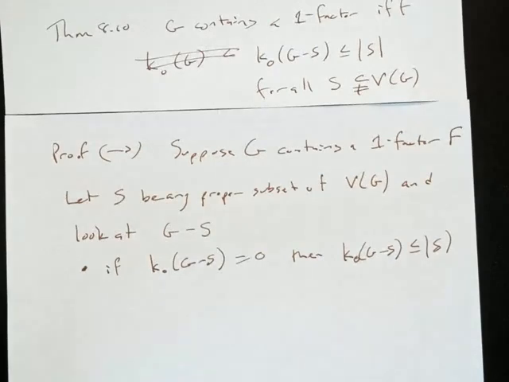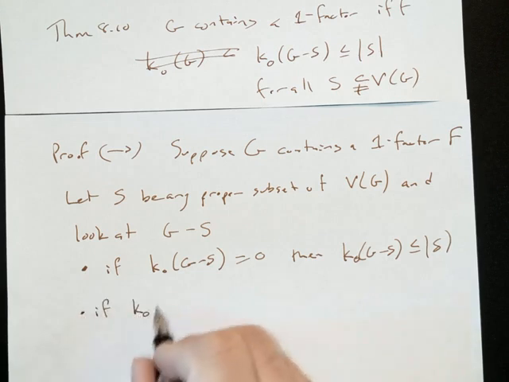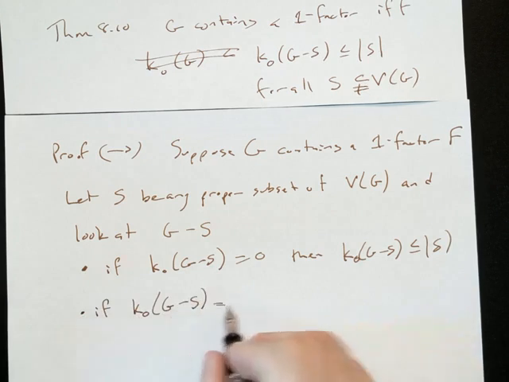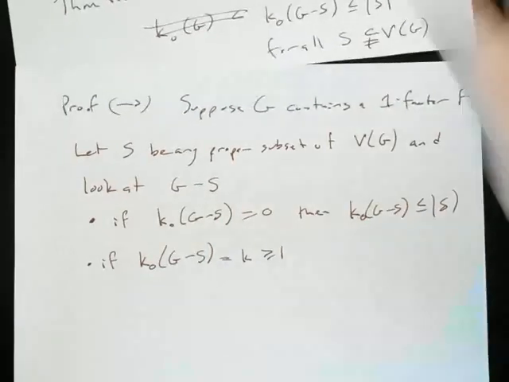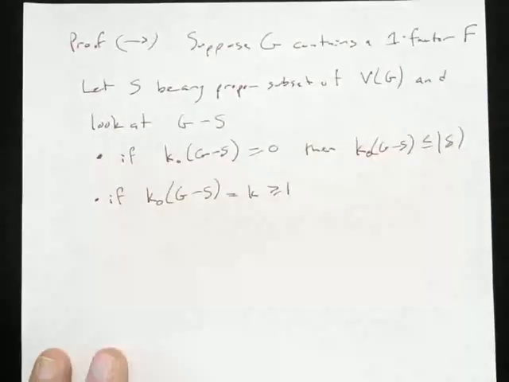If we have any odd components, we're going to have some of them, right? I don't know how many. There could be a bunch of odd components and some even components too. I really don't care about the even components, but let me label the odd components. I don't know how many there are, so I'll call it k, but I know k is at least one.